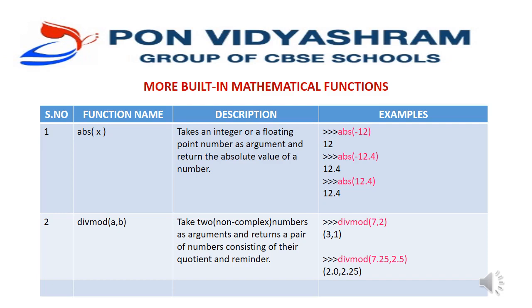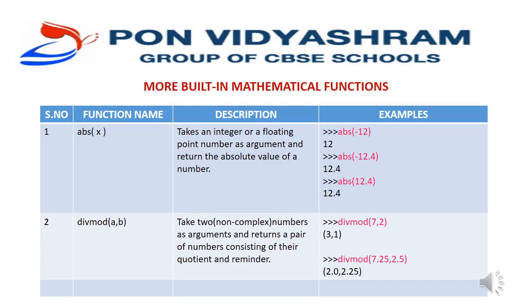divmod of 7, 2. So two arguments we have to pass. What it does is it divides the first number by the second number, and in the output the first number will be the quotient and the second will be the remainder. If you divide 7 by 2, we'll get the quotient as 3 and the remainder as 1.